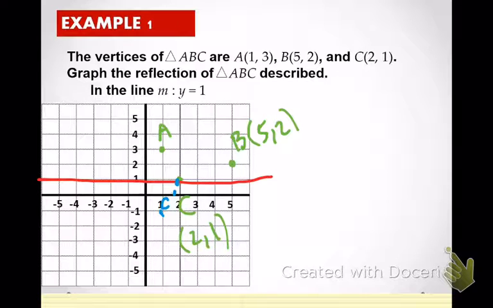So A would be here. There's A prime. Let's move that C out of the way. Put the C here. There's C prime. And then B. B is up 1 from the line here, so it's going to be down 1. So there we have B prime.